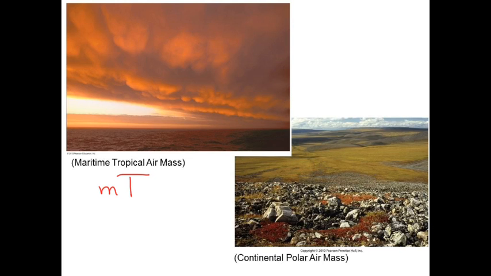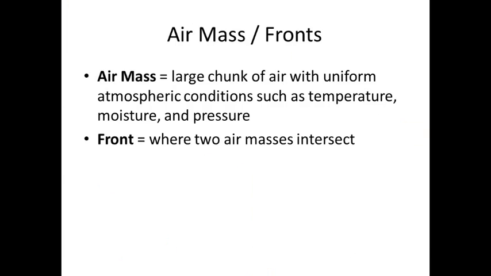We use the word polar for something cold, a capital P, and this is continental, so a little c, continental polar. So it's dry. Those are chunks of air that have sat and picked up those characteristics to become an air mass.